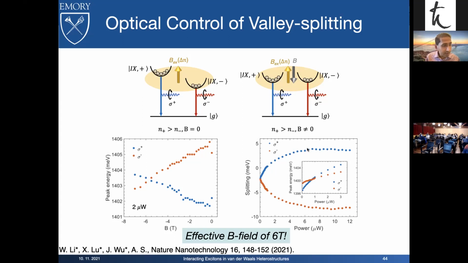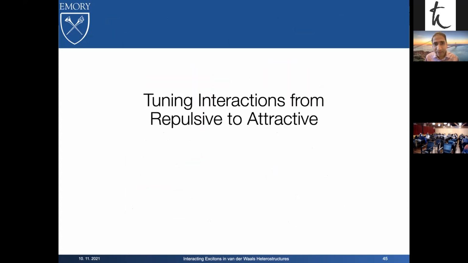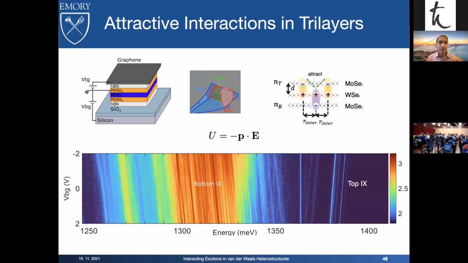Okay, how much time do I have? Okay, let me quickly talk about what I promised before, that you can now also turn the sign of the interaction. For this, you have to make another heterostructure where you no longer have just 2 layers, you have 3 layers. So you can have moly, tungsten, moly, or tungsten, moly, tungsten.